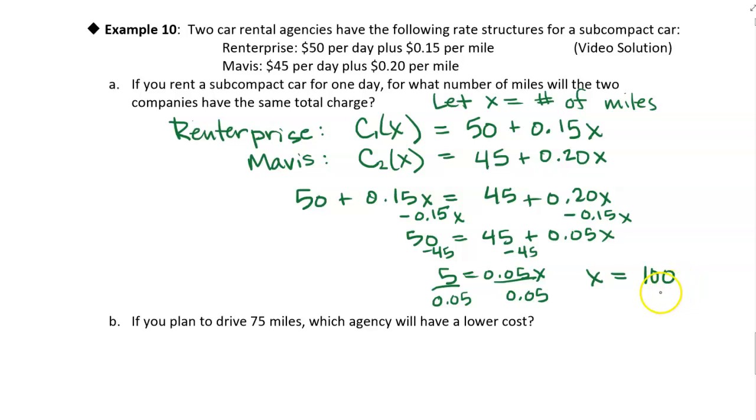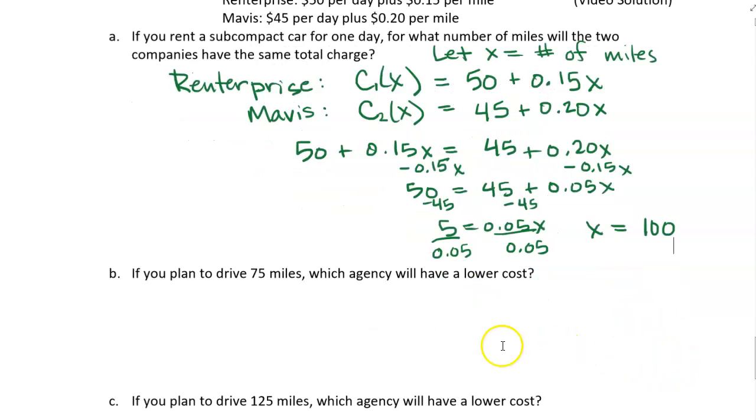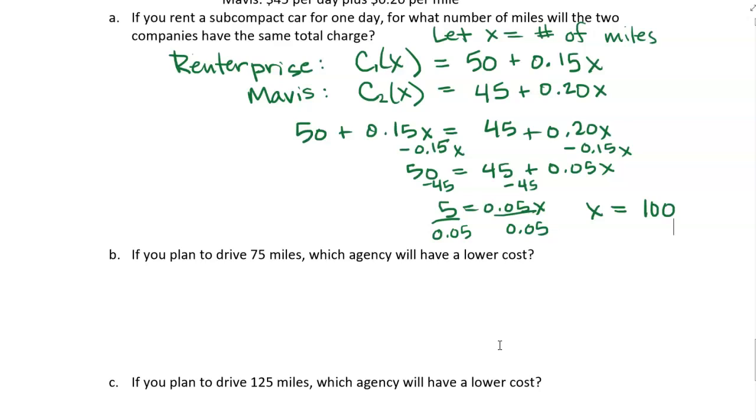All right. Next question then is asking, if we plan to drive 75 miles, which agency will have the lower cost? So again, let's distinguish Renterprise and Mavis, and let's just use that cost equation. So the input to my cost function is 75 miles.